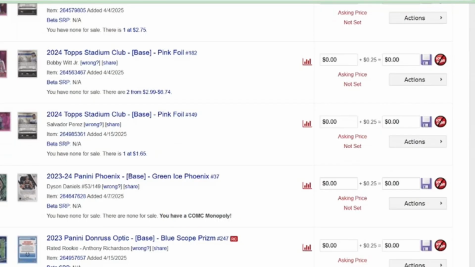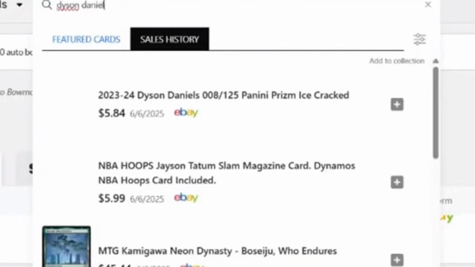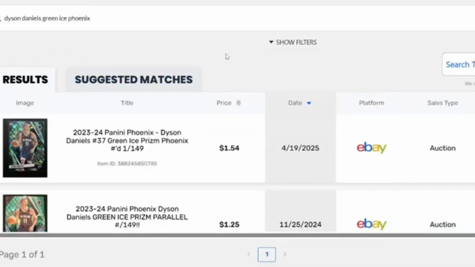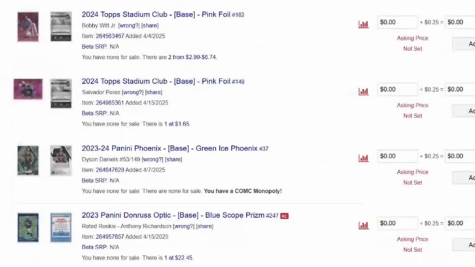You have none for sale. There are none for sale. You have a COMC monopoly. So Dyson Daniels Green Ice Phoenix. That's what I'm going to look up. We get here $1.54. I think mine is at 1.49.